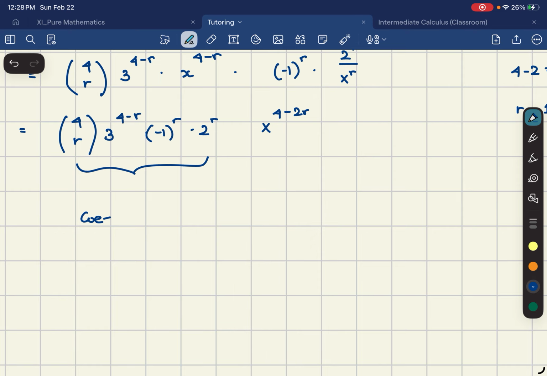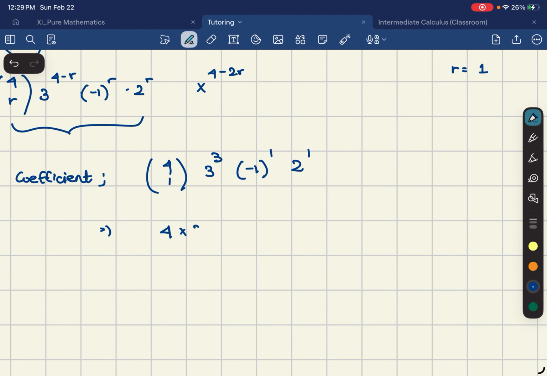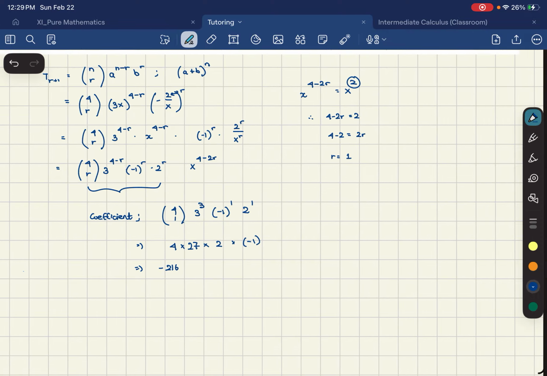So the coefficient is going to be 4C1, right? 3 to the power 4 minus 1 is 3, (−1) to the power 1, 2 to the power 1. So now we have 4C1 is just 4 times 3 cubed is 27 times 2 times negative 1. And that gives us −216. That is your coefficient.